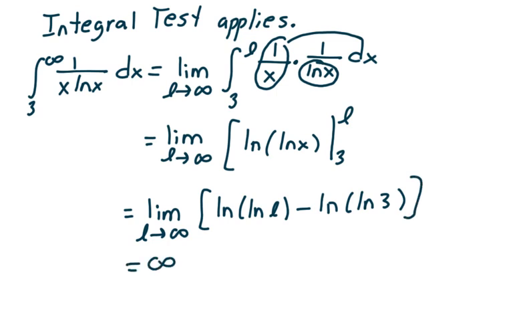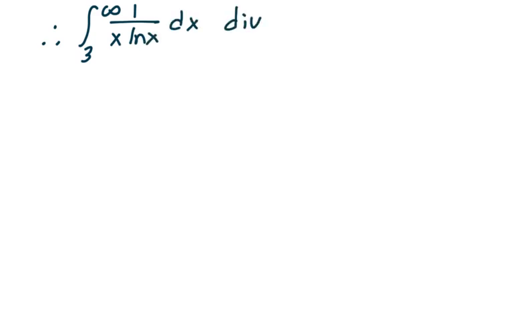But that's infinity. And so therefore, the integral from 3 to infinity of 1 over x ln x dx diverges.